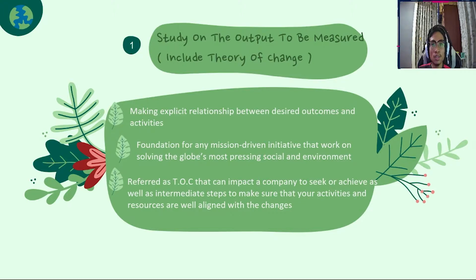It is a foundation for any mission-driven initiative that works on solving the globe's most pressing social and environmental problems. Referred to as the theory of change, it is what a company seeks to achieve as well as the intermediate steps, to make sure that the business activity and resources are well aligned with the changes.